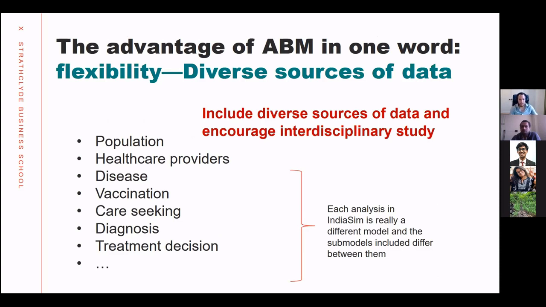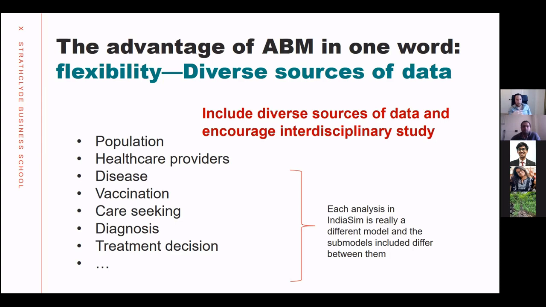Another advantage in terms of flexibility is the ability to include diverse sources of data. IndiaSim, for example, has several different submodels, right? It has a population model, a healthcare provider model, different disease models, models of decisions on getting vaccinated, models of decisions on care seeking, and we saw an example of the logistic regression model incorporated there, and various other models.